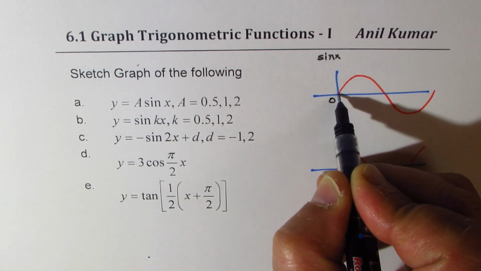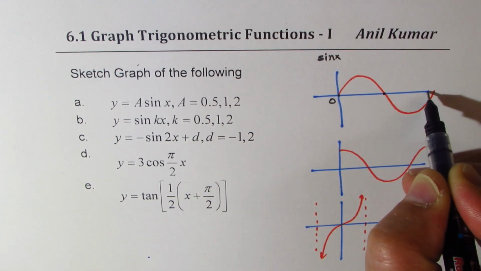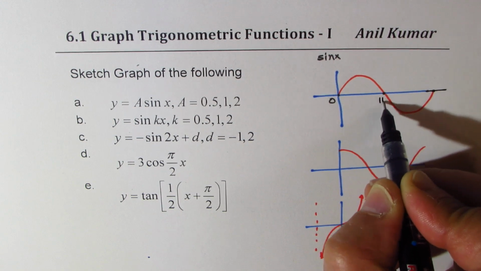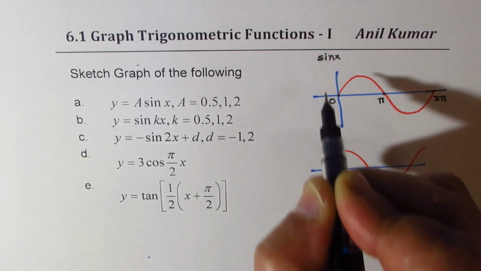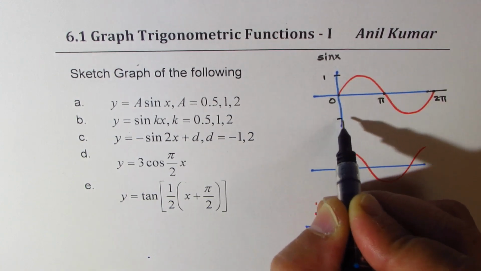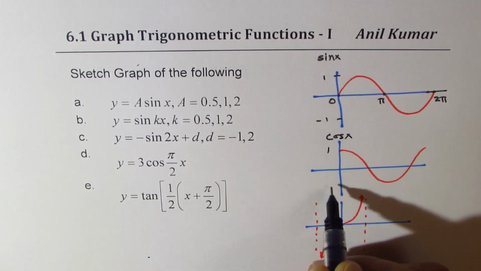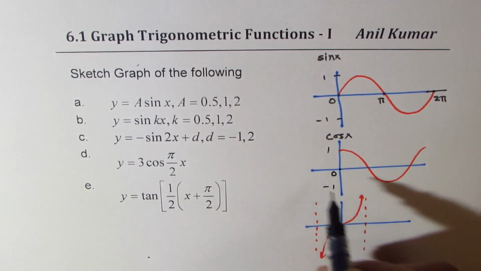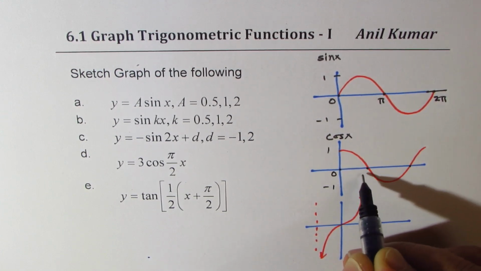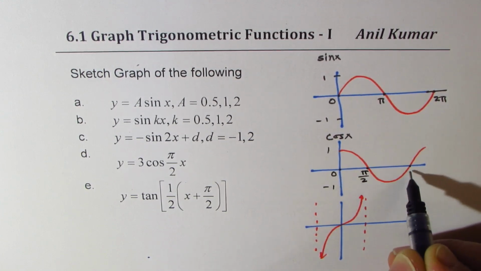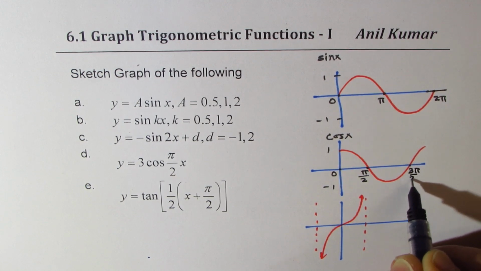We know these zeros are 3 within a domain of 2 pi. Right? Maximum and minimum values are plus and minus 1. For cos x, maximum and minimum being plus and minus 1, this is 0. And the zeros for cos x are at pi by 2 and at 3 pi by 2.